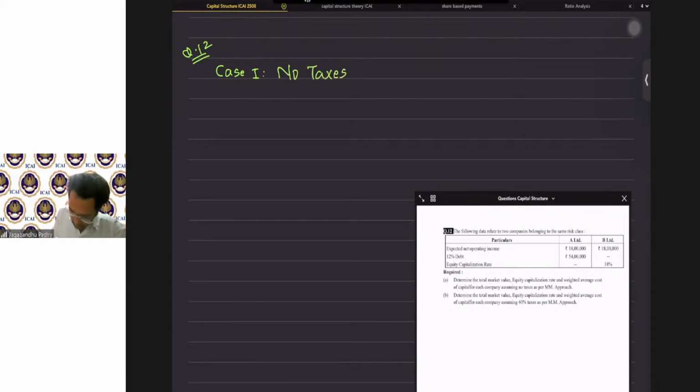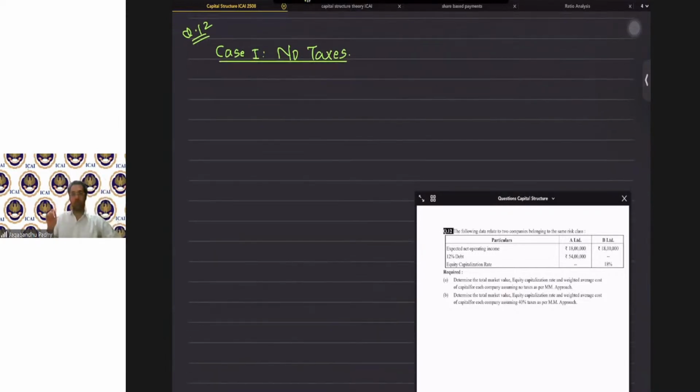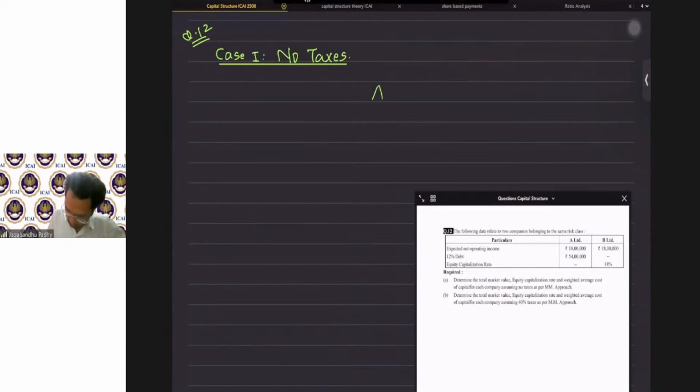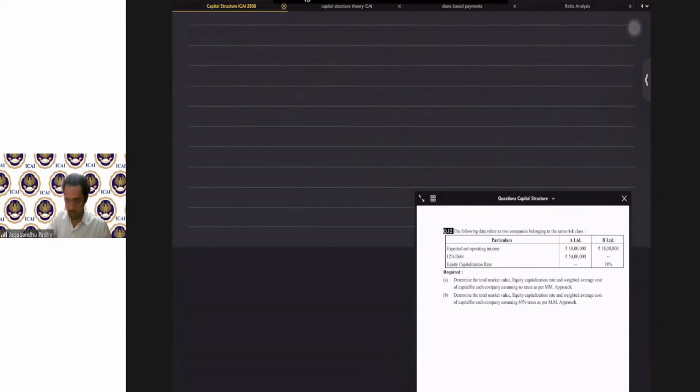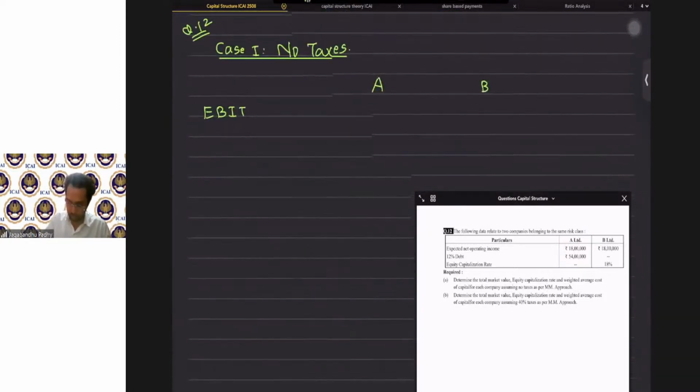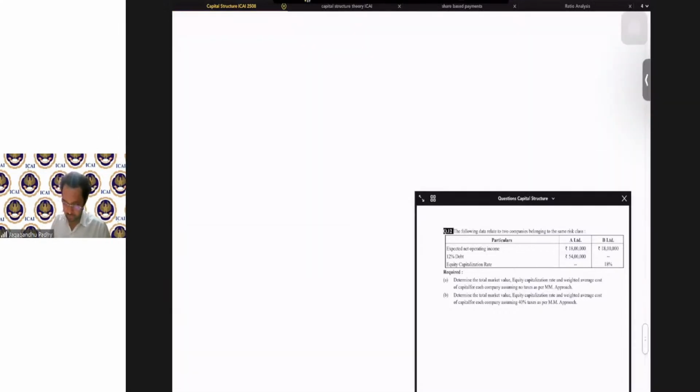So when we are saying there are no taxes involved, there are two companies which we have, A and B. The earnings before interest and tax, belonging to the same risk class, obviously they would be generating EBIT of the same figure.